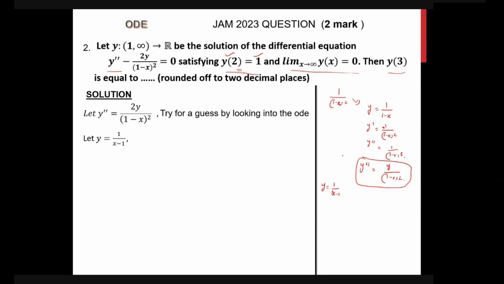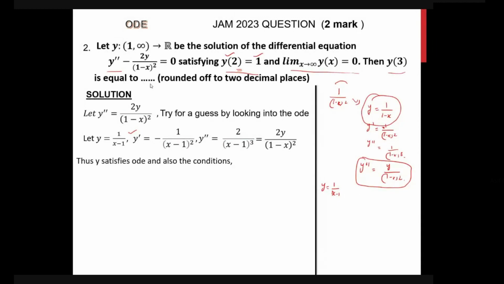So I take y equal to 1 by (x minus 1). At first I got the other solution, but later I changed it to this. Then y dash is equal to minus 1 by (x minus 1) all square, and y double dash is equal to 2 by (x minus 1) all cube. That can be written as y double dash is equal to 2y by (1 minus x) square.